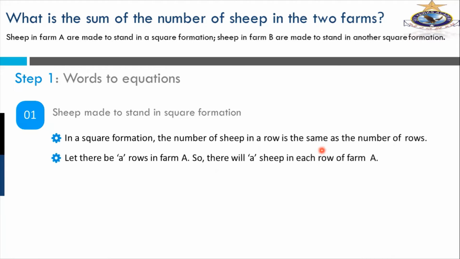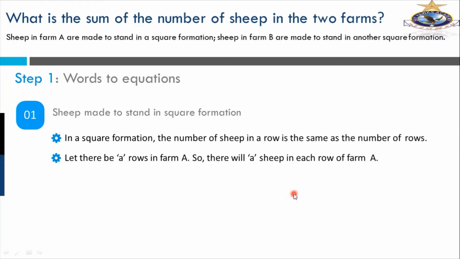The second one is, let there be a rows in farm A. So there will be a sheep in each row. This is a given condition. As per the given condition, if you make a number of rows, the sheep must stand, a sheep must stand in a single row.